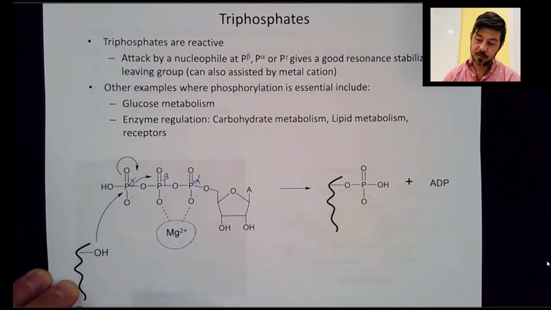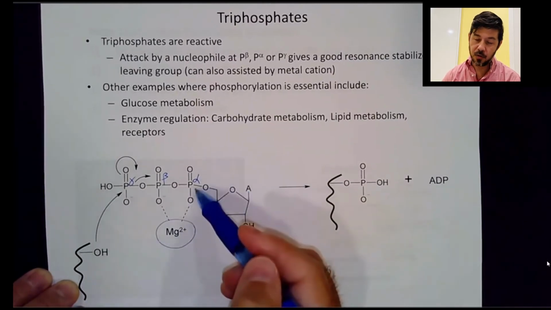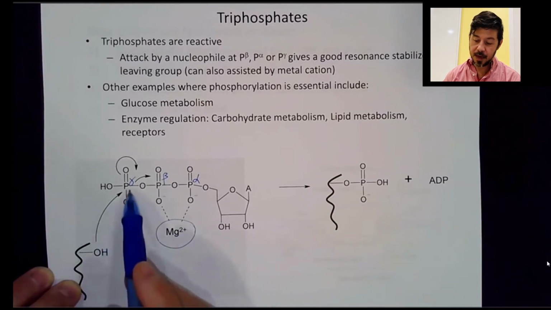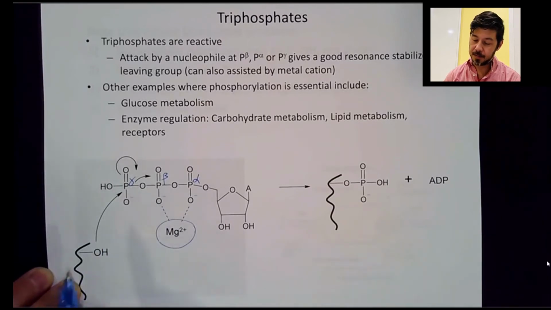In the case of transcription or replication by polymerases, we would see attack occurring at the alpha phosphate. But if triphosphates are being used for things like phosphorylation in order to install a phosphate on a hydroxyl group of serine, for example, or involved in things like glucose metabolism, as you've learned with metabolism, then oftentimes you'll get the gamma phosphate being attacked, okay?